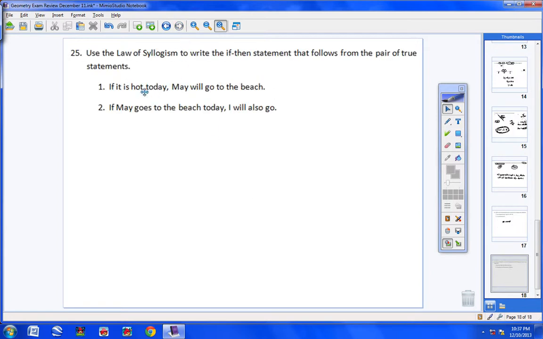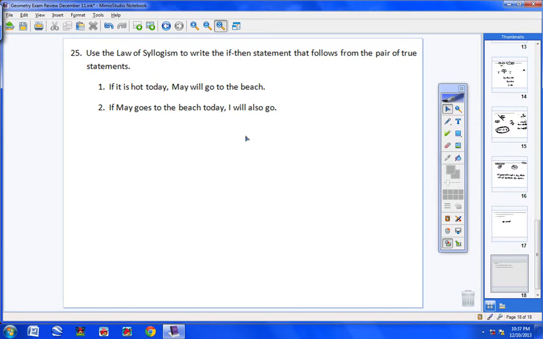Okay, let's continue on. Now the law of syllogism. They want us to use this law to write the if-then statement that follows from the pair of true statements. If it is hot today, May will go to the beach. If May goes to the beach today, I will also go.